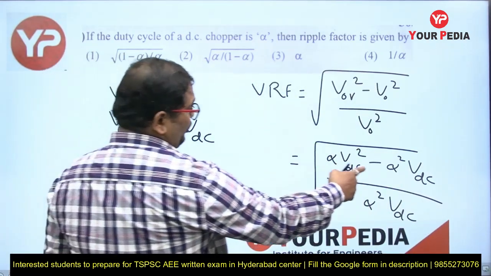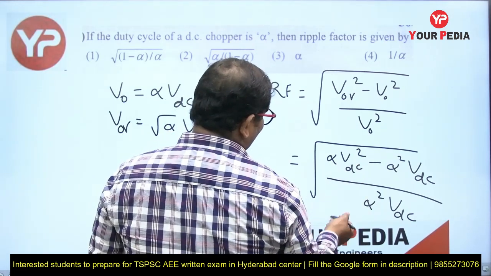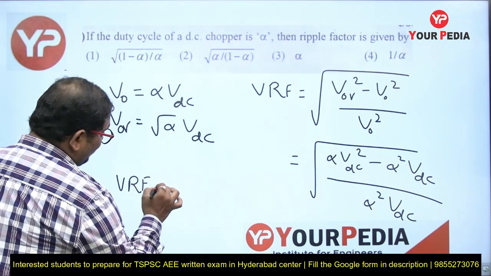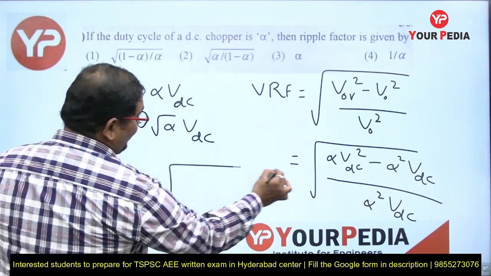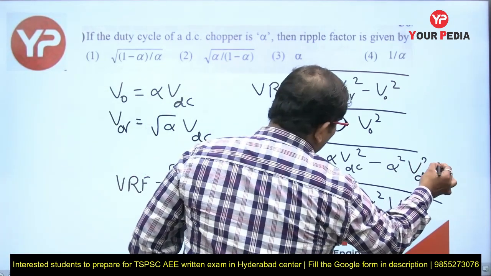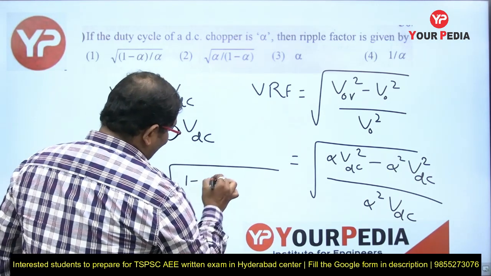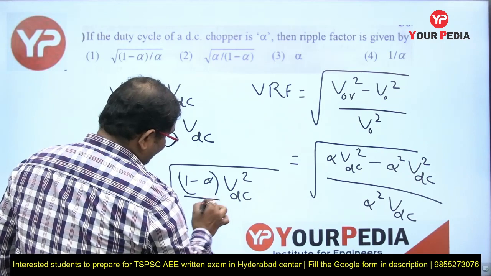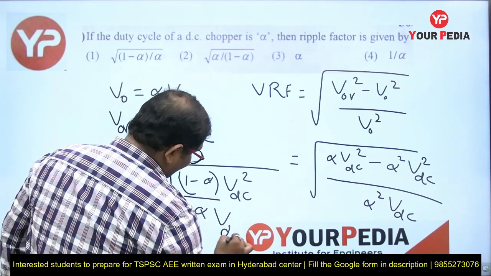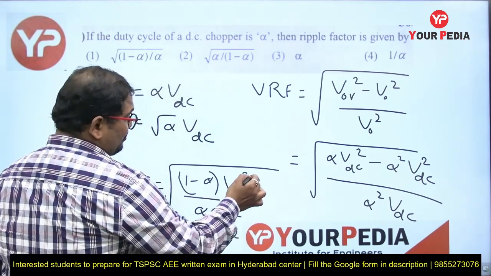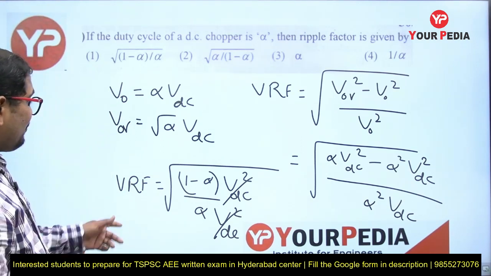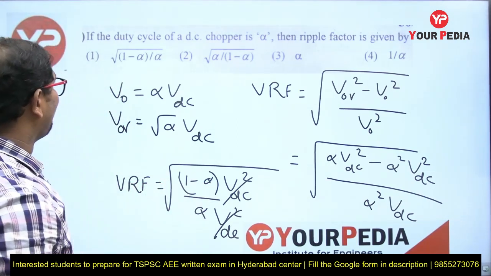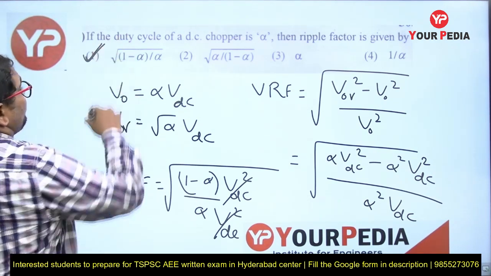So take alpha in the numerator, one alpha in the denominator cancels. So the final voltage ripple factor is the square root of (1 minus alpha) into VDC square divided by alpha into VDC square. VDC square gets cancelled. So finally the voltage ripple factor is the square root of (1 minus alpha) by alpha. So option 1 is the right answer.